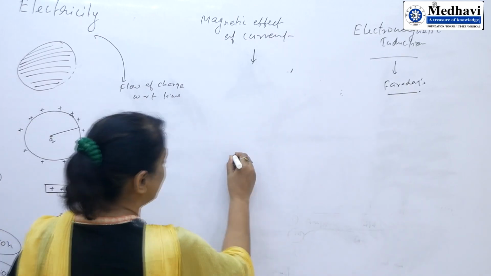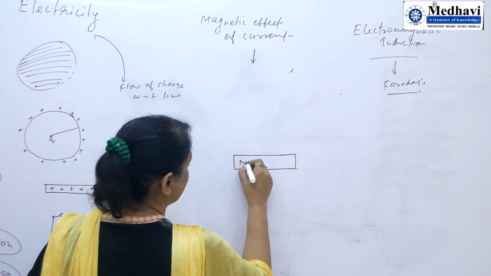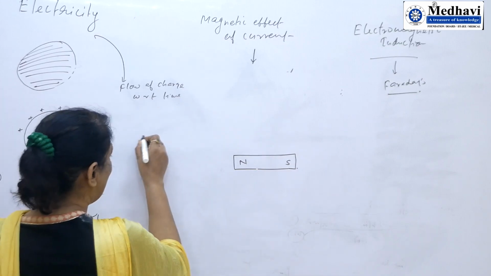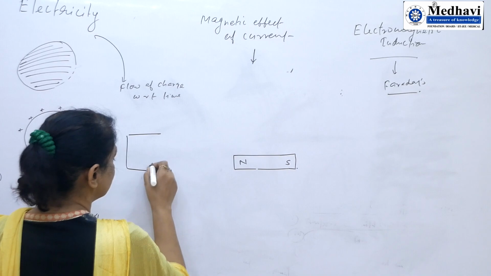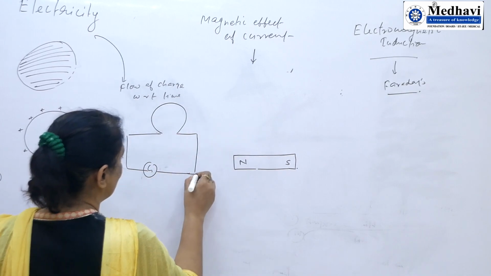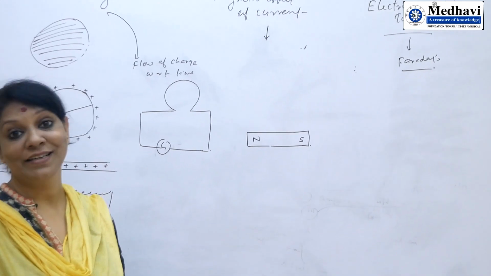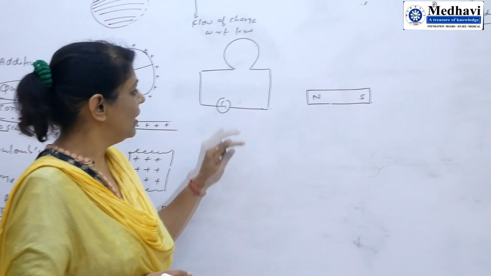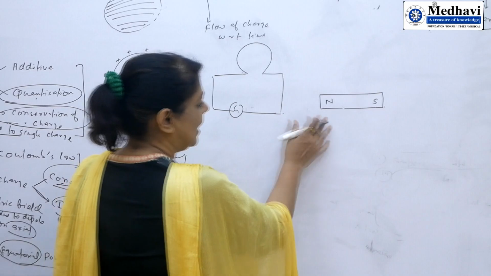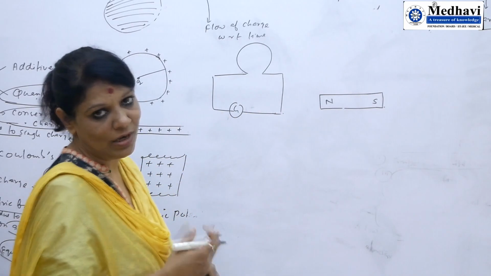He took a bar magnet and a coil connected to a galvanometer. A galvanometer is a very important device which is used to show flow of electricity, whereas an ammeter is a device which can measure current. He took a galvanometer, no battery, no EMF, and he observed that when both are at rest, there is no production of current, no electricity.